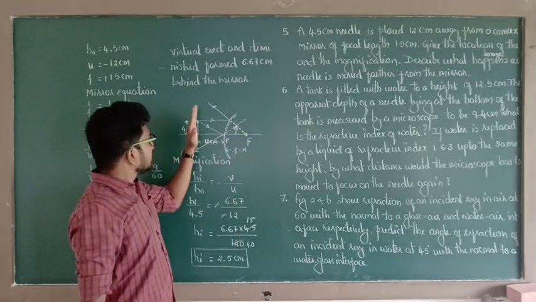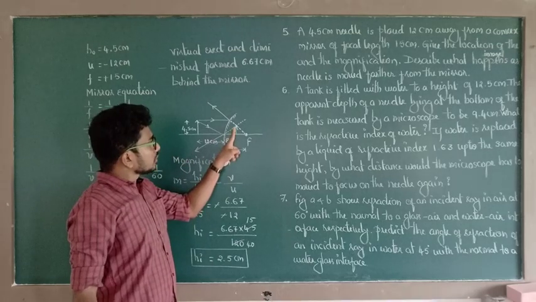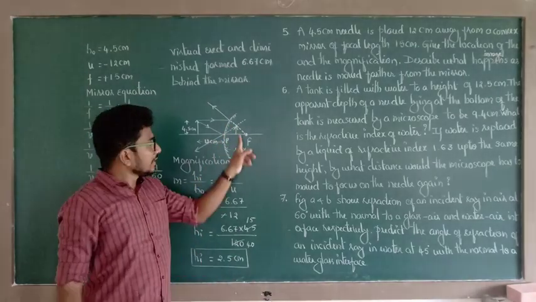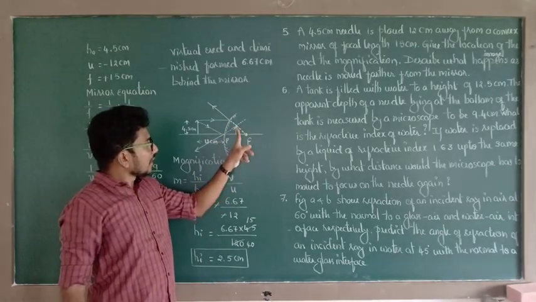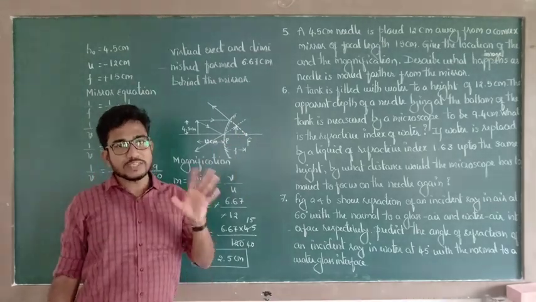If the object moves further from the mirror, the image moves towards the principal focus and its height goes on decreasing. At the principal focus, the height of the image is negligibly small, that is, point in size.